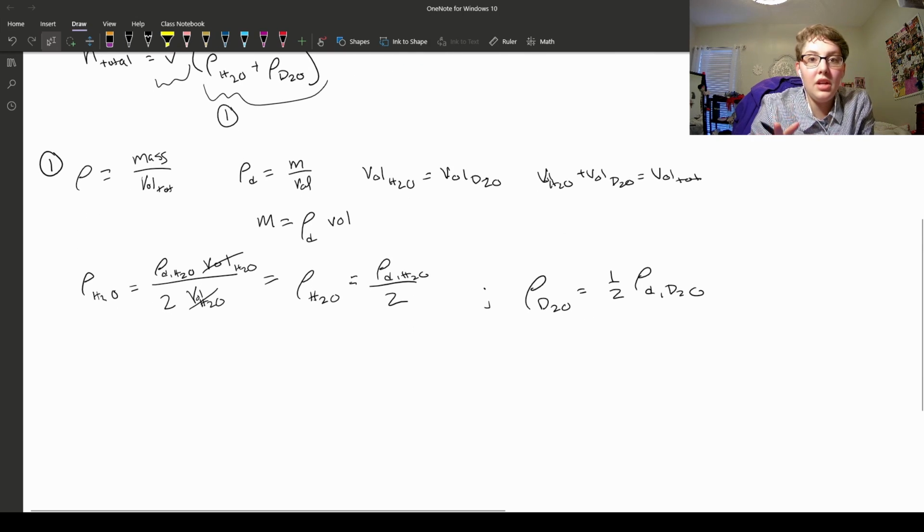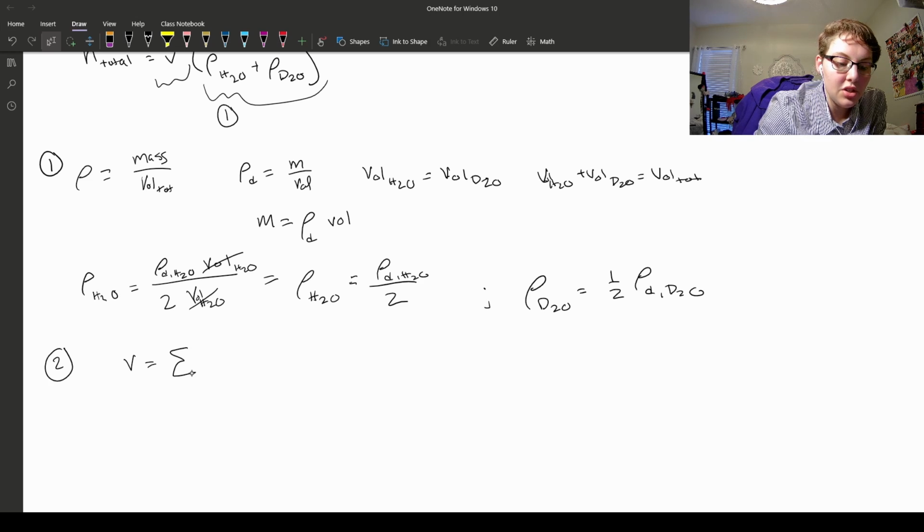So next we're going to have to look at the total mass velocity. The total mass velocity is equal to the summation of the mass fraction of the components times the mass velocity of each component. So we're going to have to find both of those for H2O and D2O.